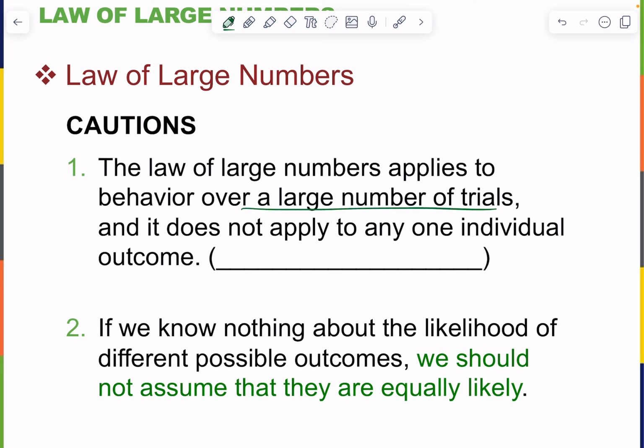However, if you're doing this individually, and you're sitting there flipping the coin, and you lost the last 5 coin flips, that doesn't mean that the 6th one is going to end in your favor. That's something called the gambler's fallacy.